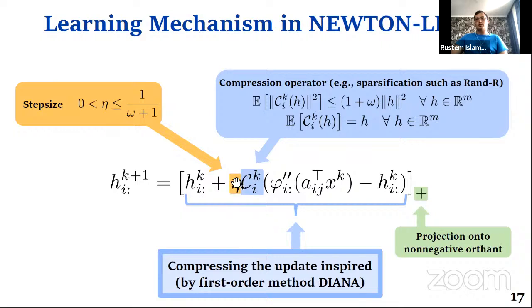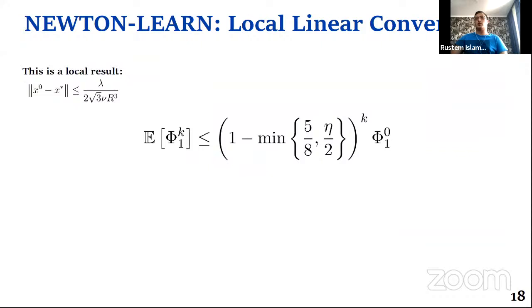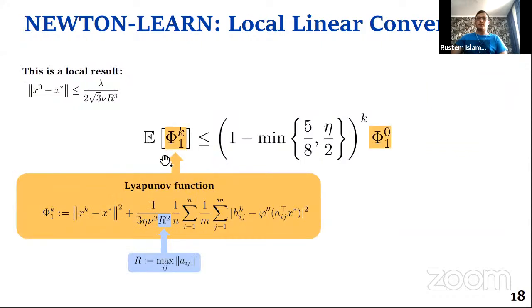Okay, and also in this update rule, we have step size eta, which only depends on the compression variance omega and doesn't depend on the condition number. And we have proved a local linear convergence rate for this algorithm. Here phi is a Lyapunov function, which can be written in such a way.